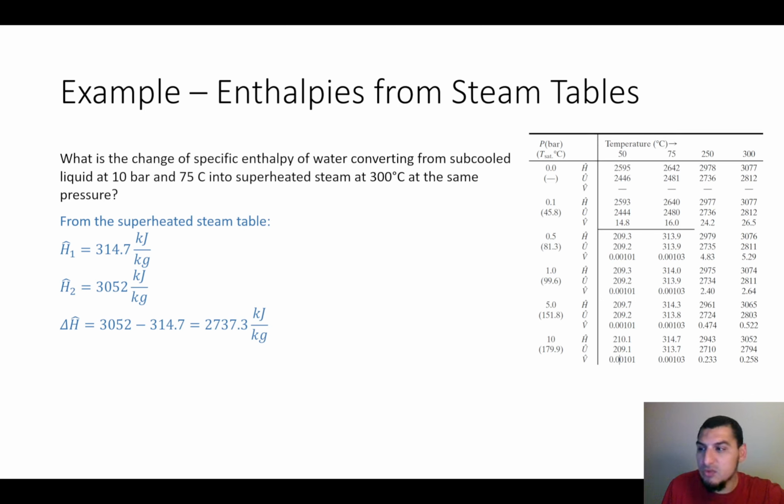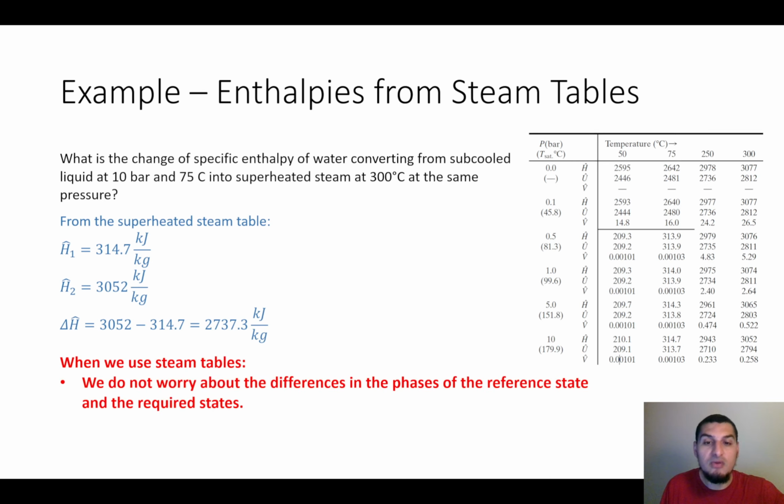But the point that I want to refer to here, which is a very, very important point, is that there are things that we didn't even think of. When we used the table and extracted the numbers to calculate the change in enthalpy, we didn't even care about the difference between the phase of water at state 1 or state 2 and the phase at the reference state.